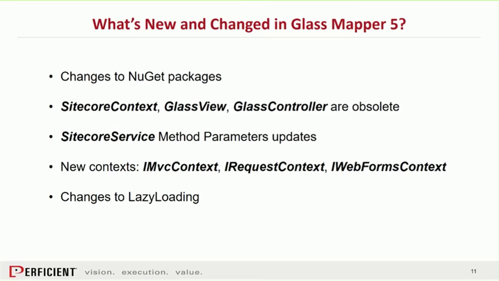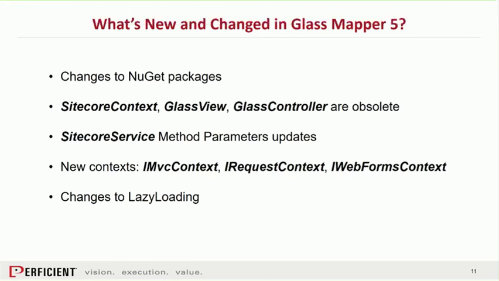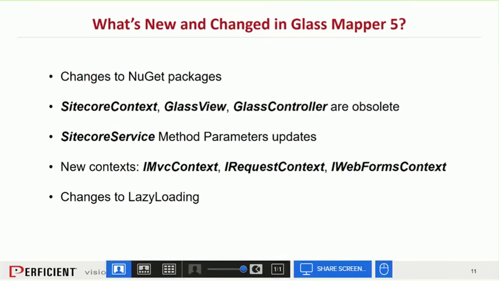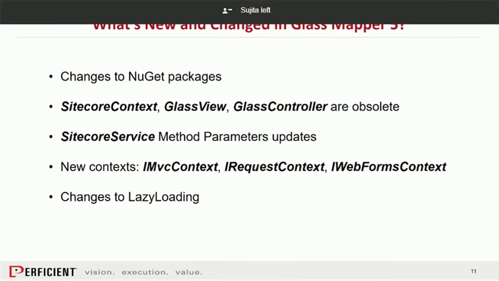It is replaced now with some new context, which you can, spoiler alert, read farther down on the slide to find out this new context. And these new contexts fit much more closely with the actual Sitecore architecture. So you're going to be using those contexts instead of Sitecore context now.